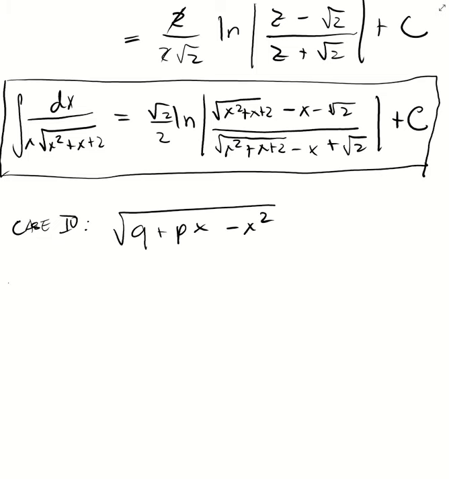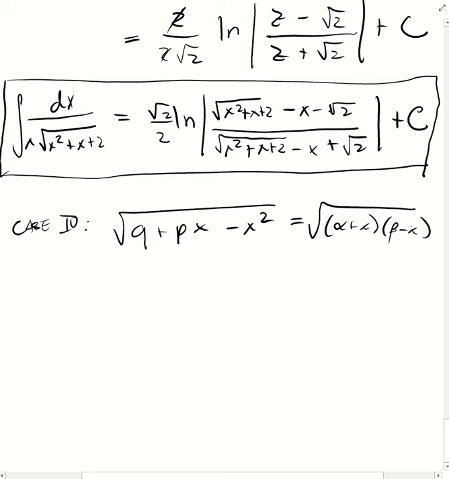So if the integrand contains this one, then we will be using the substitution, which is we can write this one as alpha plus x times beta minus x, where alpha and beta are the factors.